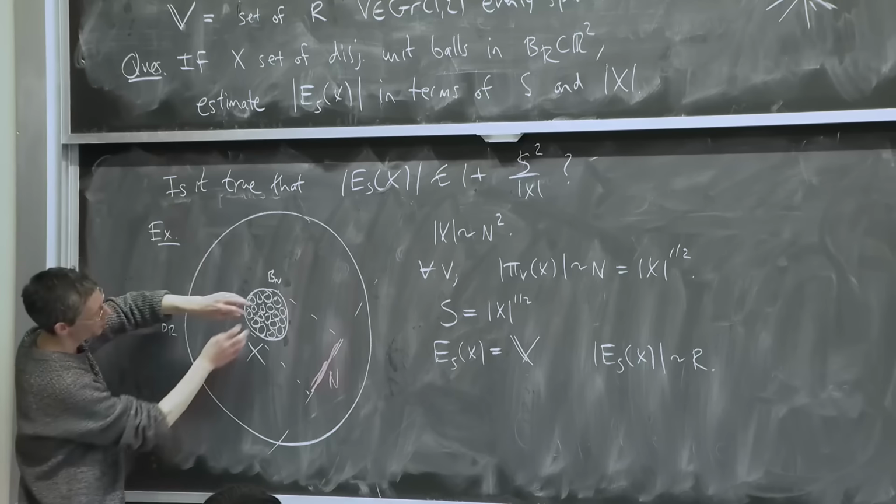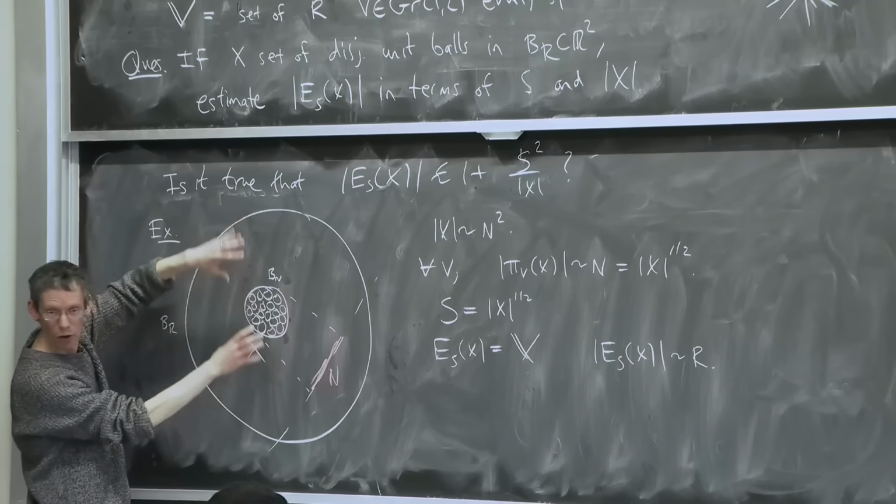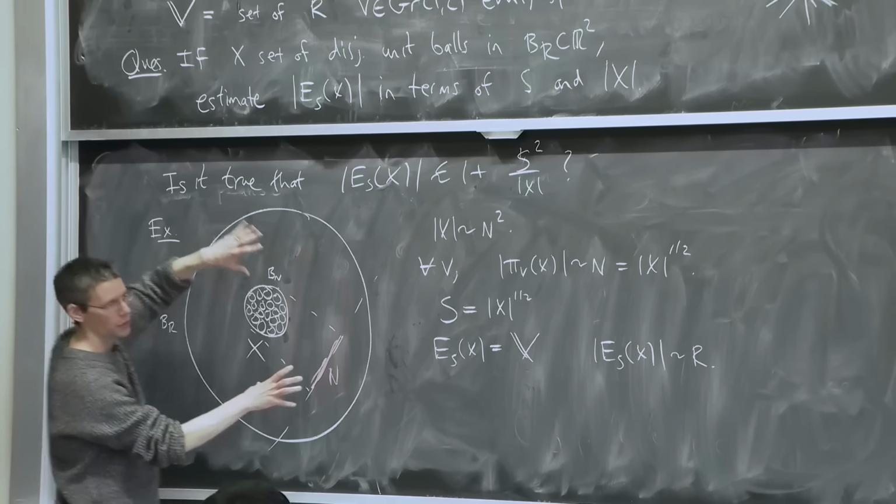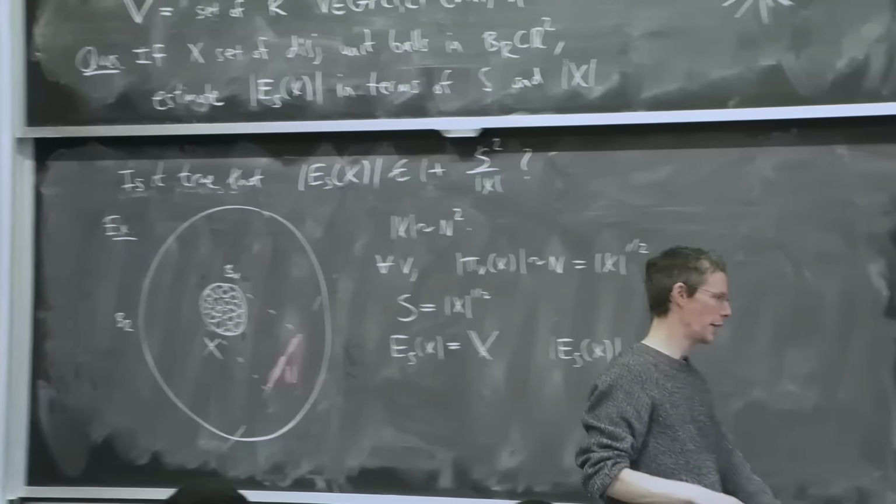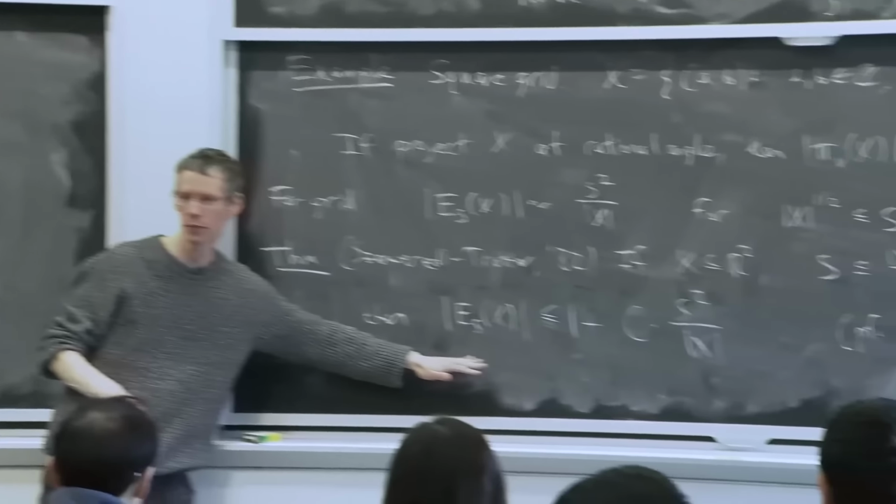However, as you insist that these small balls are spread apart farther and farther, then they start to behave more and more like ideal points, and eventually this is true.